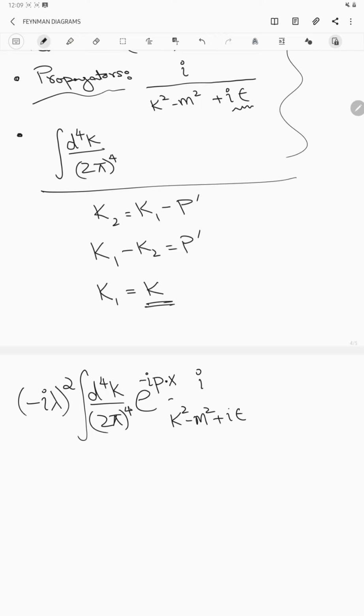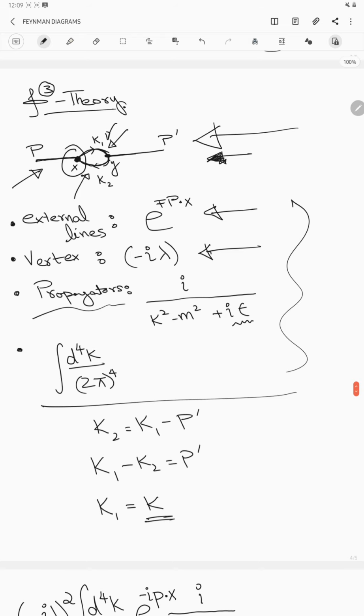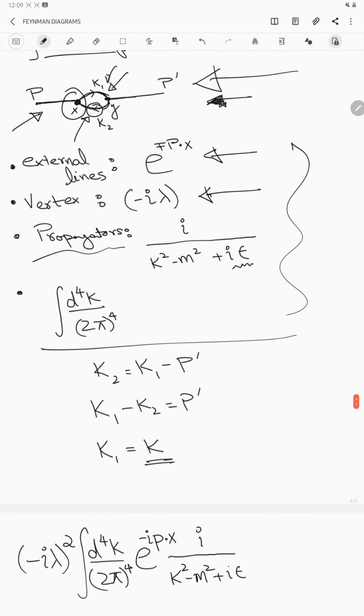And we also have another internal line, another propagator, but it is for k2. Writing that in terms of k1, or just k, it would be k minus p.